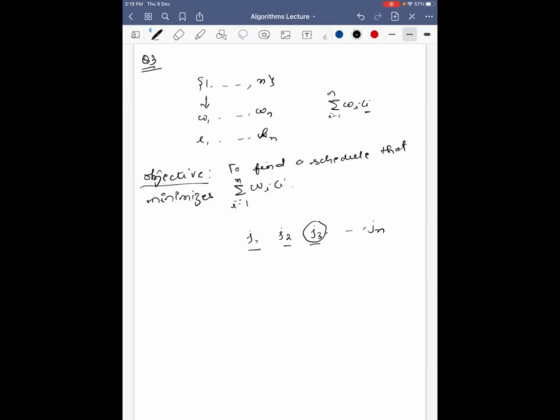So it is a measure of how much time has passed since the beginning till the job gets completed. Make sense? Yes, sir. And the objective function has to be minimized, right? Right, this is what we are trying to minimize.